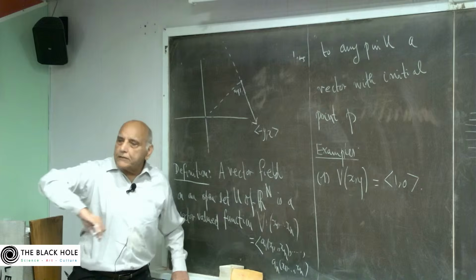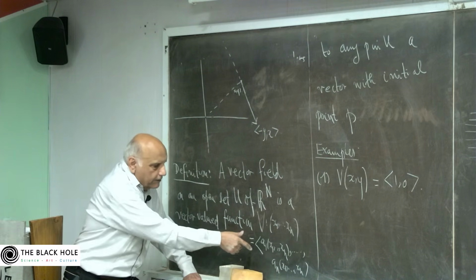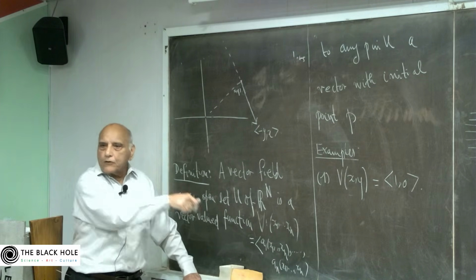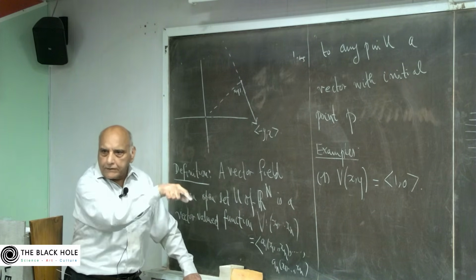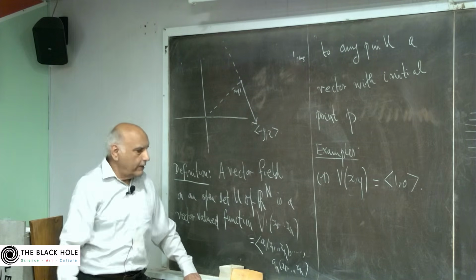So in our mind we think of these not as points in Rn, but the initial point is your point (x1, up to xn), and then from there you plot a field. Okay.